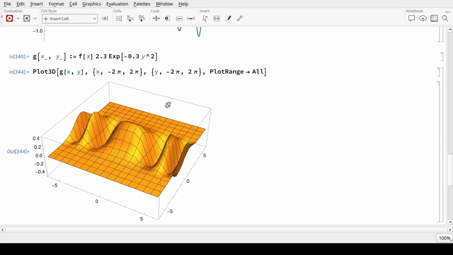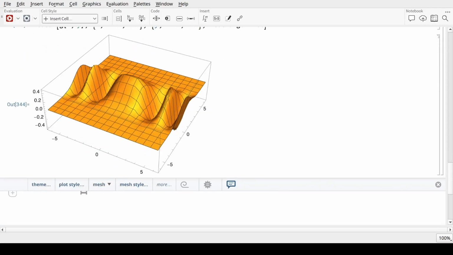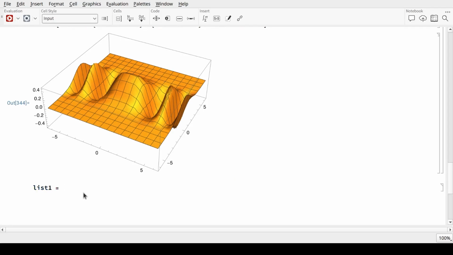Wait, there are also the lists, right? So let's go over the lists in a little more detail. Let's say we have a list, and the way we define them is just like we did before, but you can use a sine and a cosine. That's the pair we're going to be generating, and we're going to be iterating from 1 to 20. This is practically what this part means.